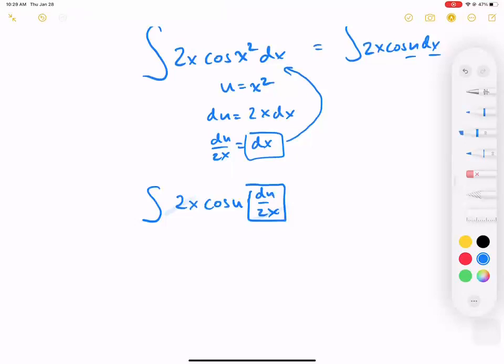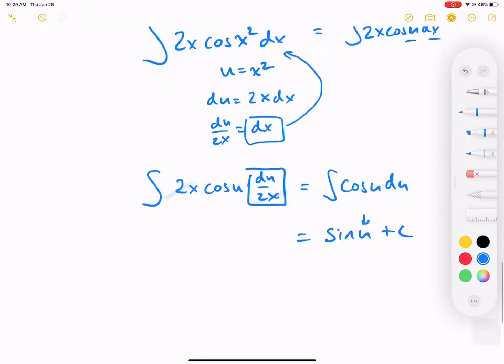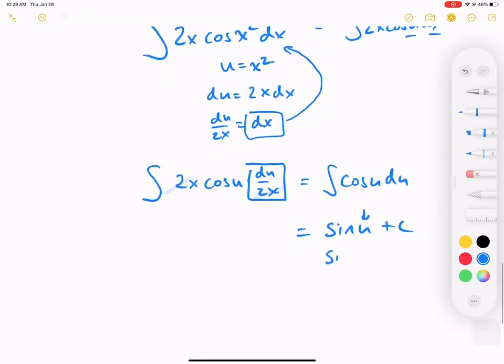So it automatically canceled that 2x. We don't even have to worry about the 2x anymore. And we're back to our problem, integral of cosine of u du. We know the integral of cosine u is sine u plus c. Now just one more step. Replace the u back to x. That's going to be sine of x squared plus c. And we're back to where we started from.